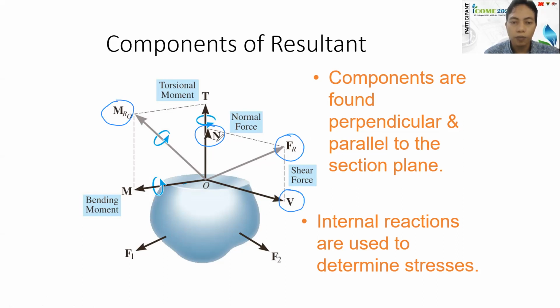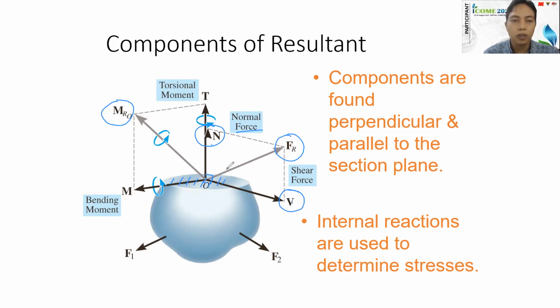We say this normal because it is perpendicular or normal to the surface area. So we call this normal force. And we have the term shear force here because the direction of loading is parallel with the surface.